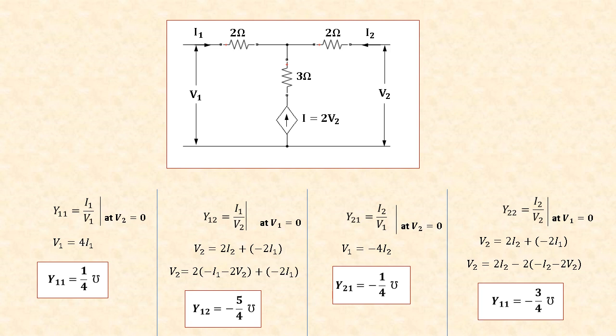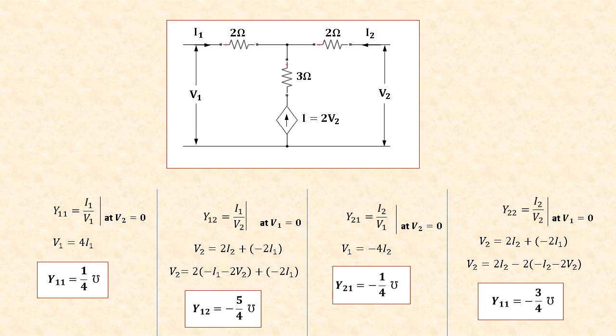Now, the current I2 can be replaced by minus I1 minus 2 into V2, since it is the sum of two currents, I1 and 2 V2, but in opposite direction. So, simplifying, we have Y12 is equal to minus 5 by 4 mho.